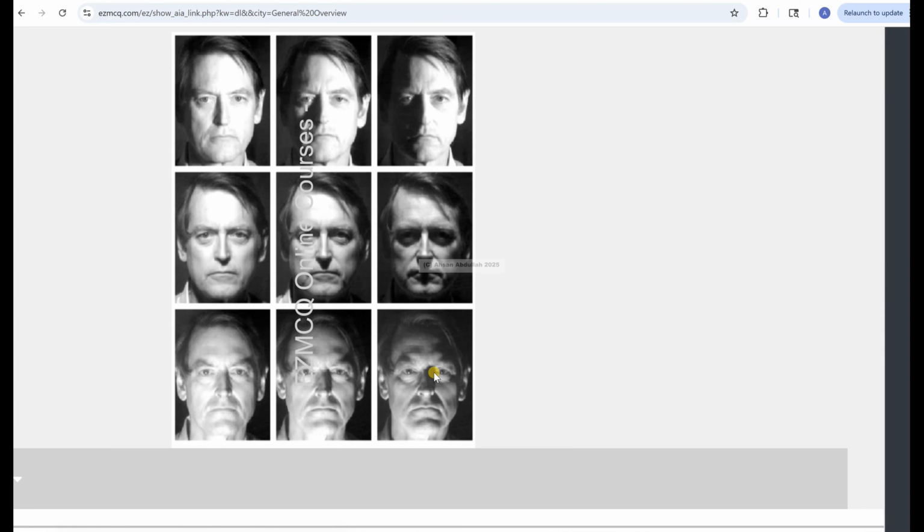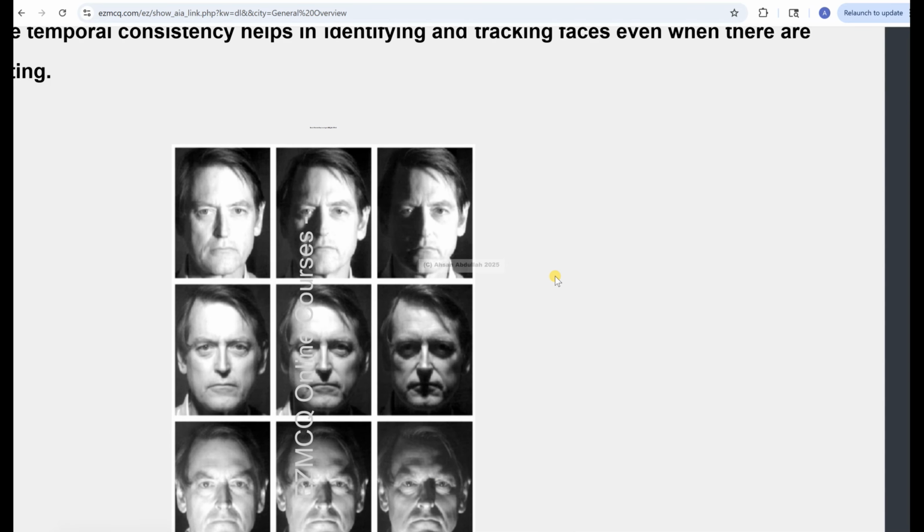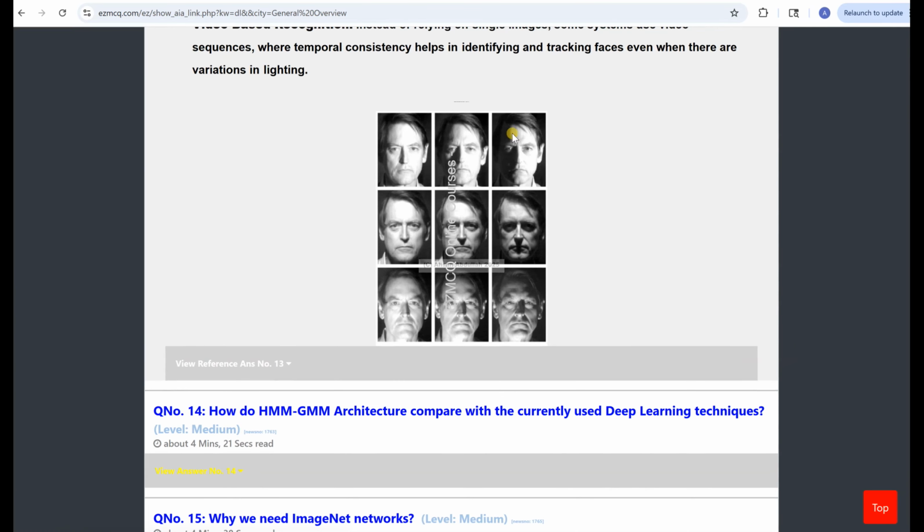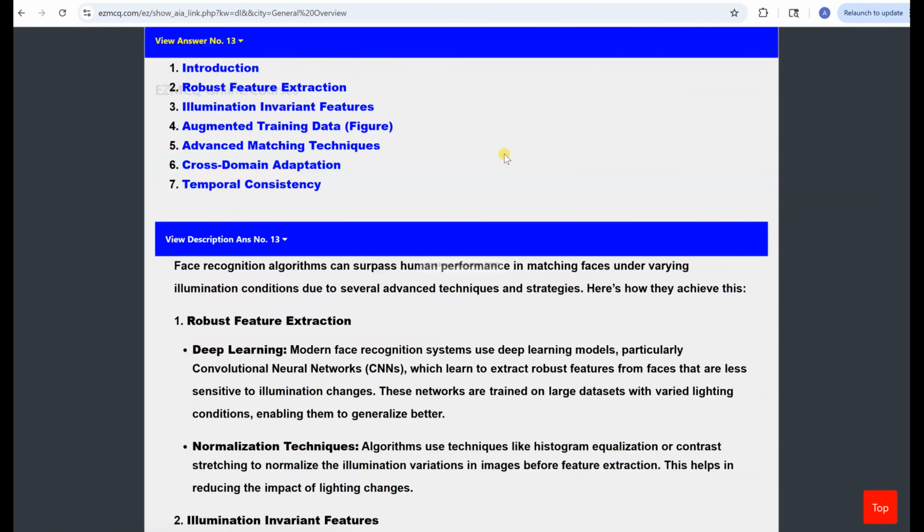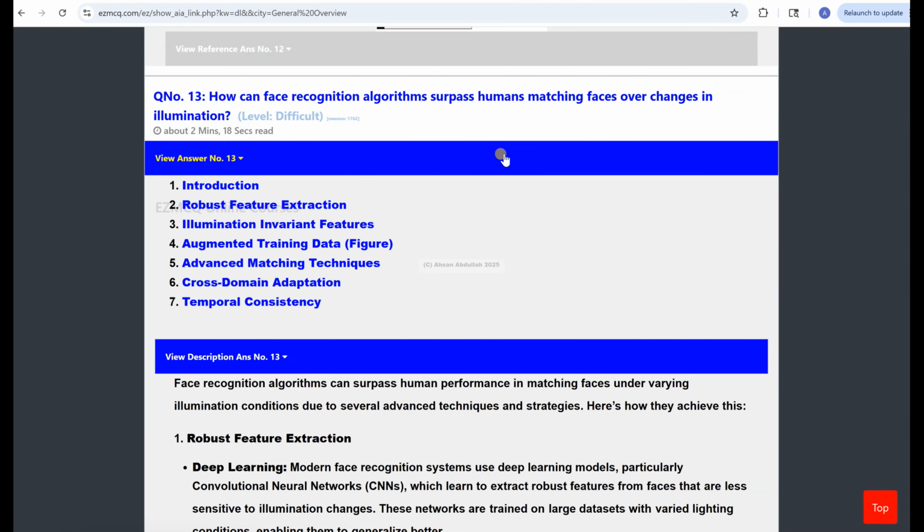So how is this possible? That's a use case. Basically, in these changing illumination environments, those features are used which are unaffected by the amount of illumination, the angle, or the source of the light.